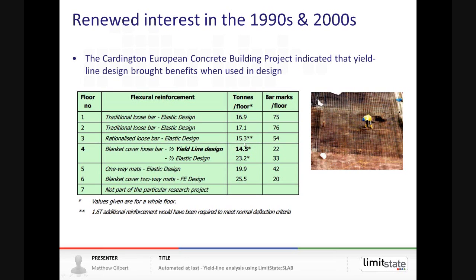So we've actually got 14.5 tons as opposed to, at the other extreme, 25.5 tons with finite element design methods. And also, the second column indicates that we end up with relatively simple reinforcement layouts. We've actually got fewer bar marks than many of the other techniques. So low steel tonnage and simpler layouts equate to a very economical design solution.